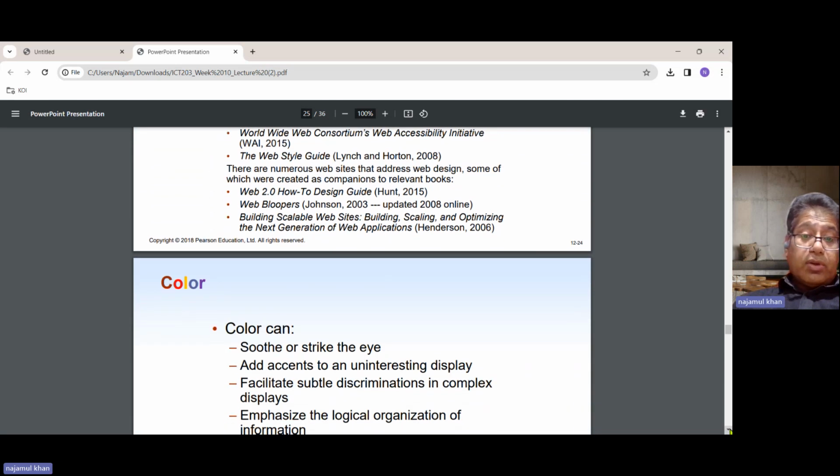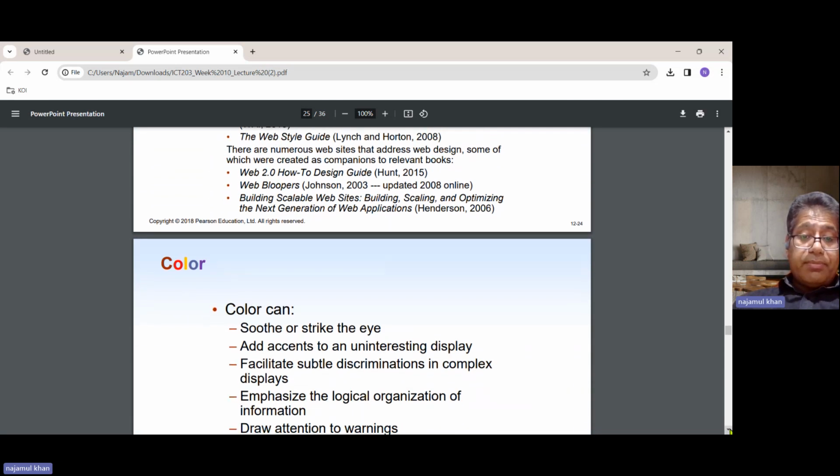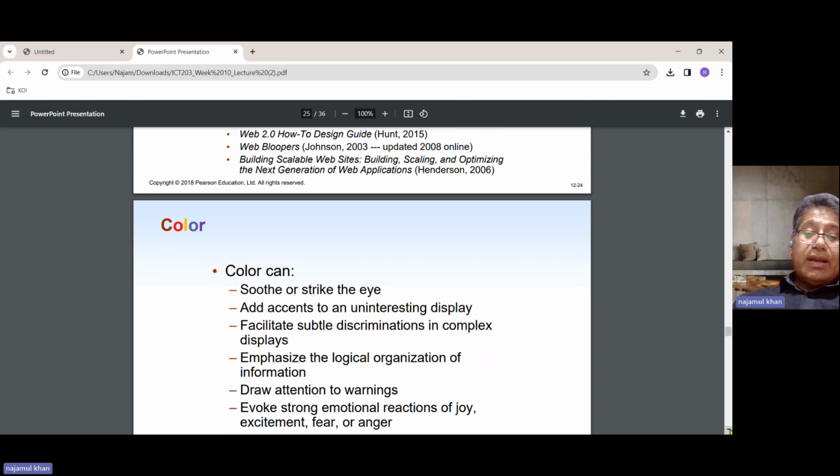Okay, guys, now we're talking about color. Color is such an important factor which should be appealing, should soothe or strike the eye. It should not be like too bright colors. People don't like them. So this is important as well. It adds accents to an interesting display. Color scheme must be very, very good.